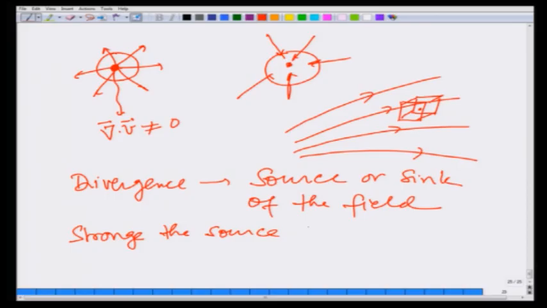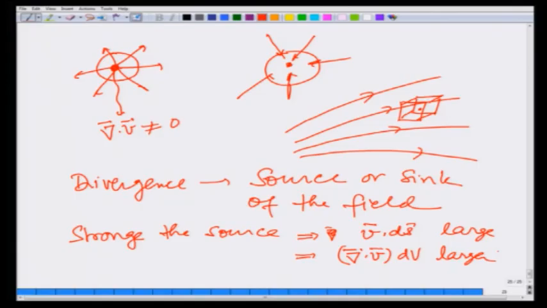Stronger the source, V dot ds will be larger, and this implies divergence of V is larger.